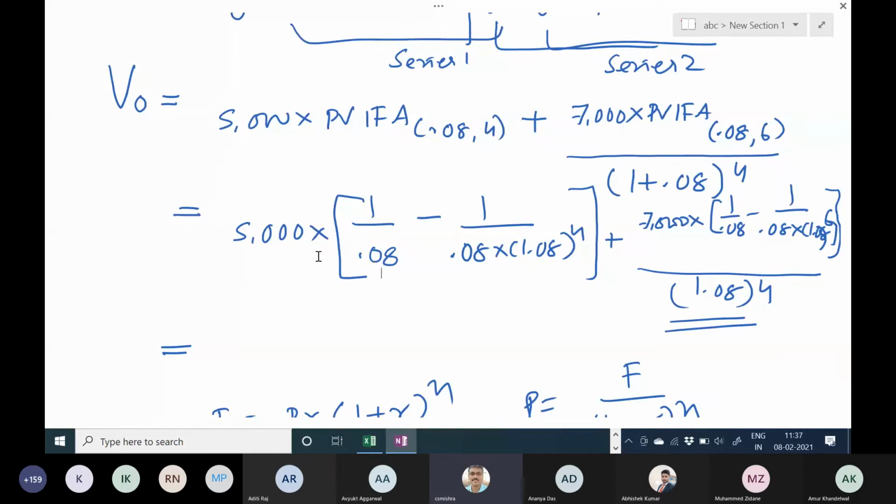Normally, if nothing is mentioned, it is from the end of this year, one year from now. If nothing is mentioned, annuity means it will start after one period. Annuity can also be monthly annuity. Annuity is a generic term, but you can also get some amount every month. So if nothing is given, it is ordinary annuity. Ordinary annuity means from the end of this period onward.